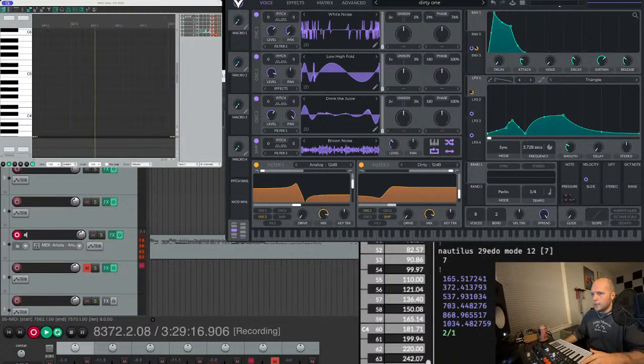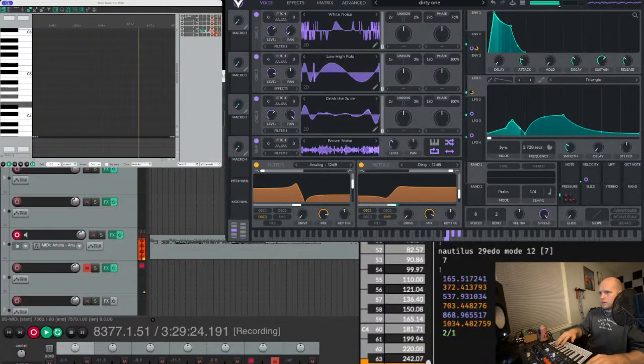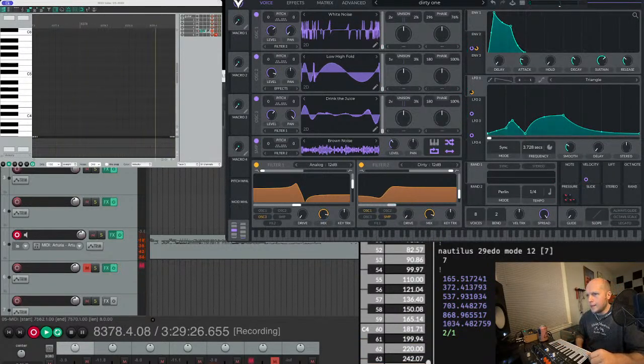But I do believe this keyboard on its own, I'm like 99% certain that when you play the MicroFreak standalone and just use the onboard sounds, when you're not using it as a MIDI controller, every note you're playing has its own pressure and velocity.